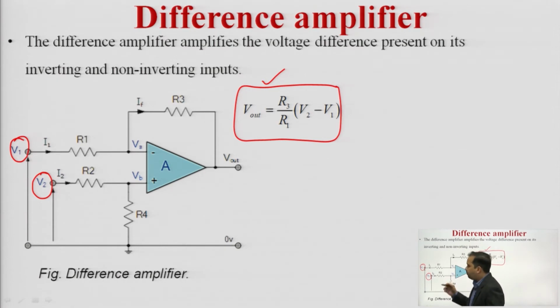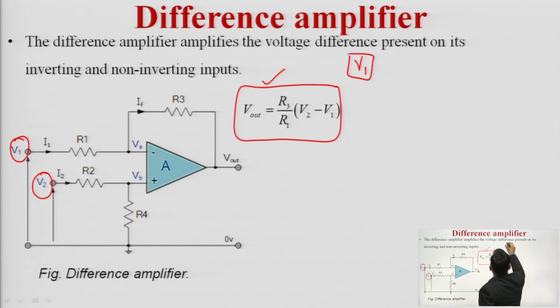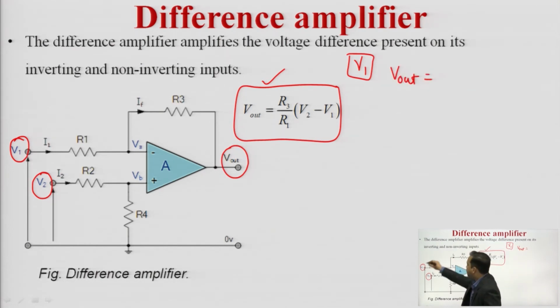We are aware of superposition: if V1 and V2 two potentials are there, then first, considering V1 and V2 as 0, we can calculate V out. When V2 is grounded, that means this VB is grounded, then this circuit is something inverting.